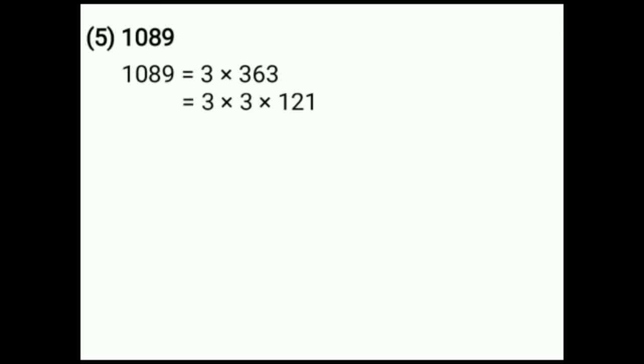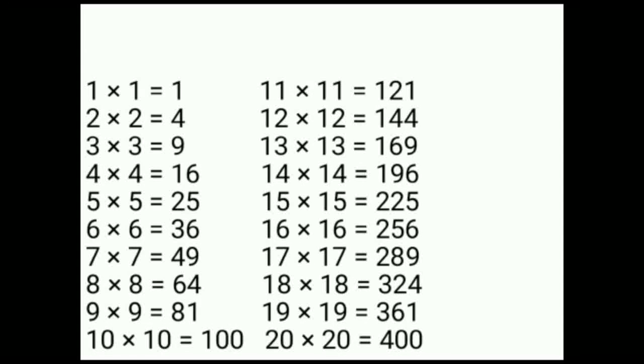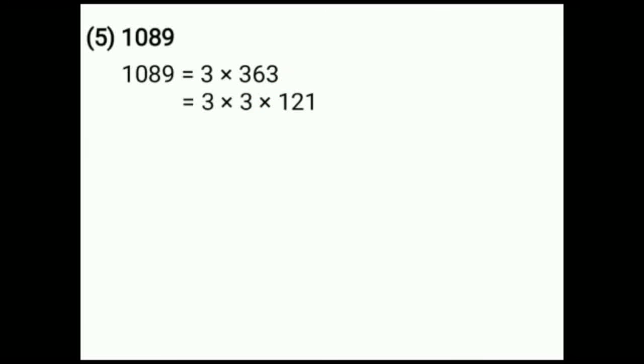Number 121 is directly going 11 table. 11 square is 121. In square of the number table, 11 square is here. 11 square is 121. So next step will come 3 into 3 into 11 into 11. Now make the group.